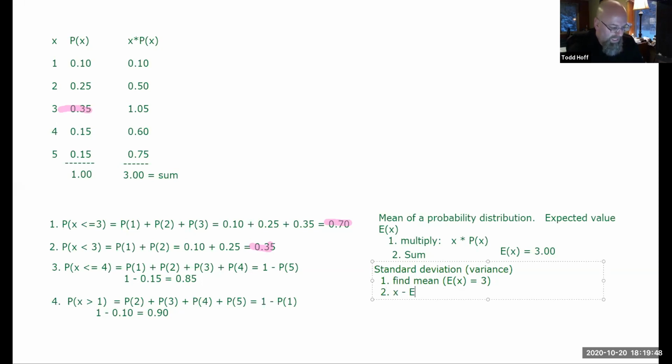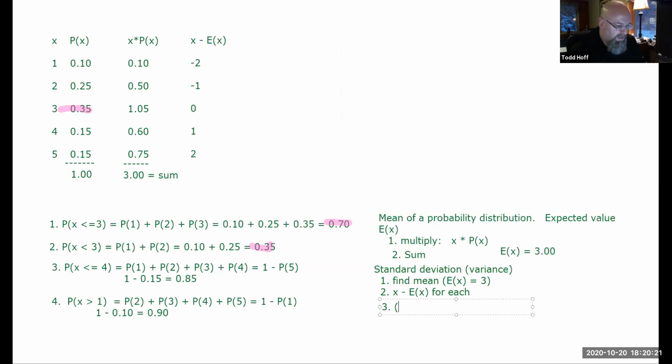So we're going to say x minus E of x for each. So up here, x minus E of x. Well, 1 minus 3, remember 3 is our expected value we calculated. 1 minus 3 is negative 2. 2 minus 3 is negative 1. 3 minus 3 is 0. 4 minus 3 is 1. And 5 minus 3 is 2. So we've subtracted.